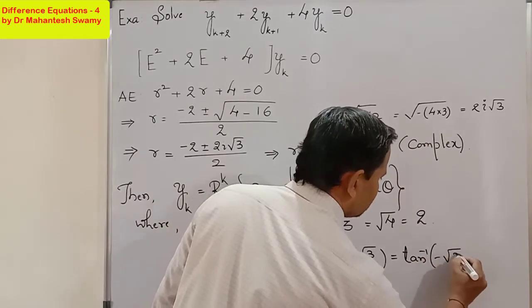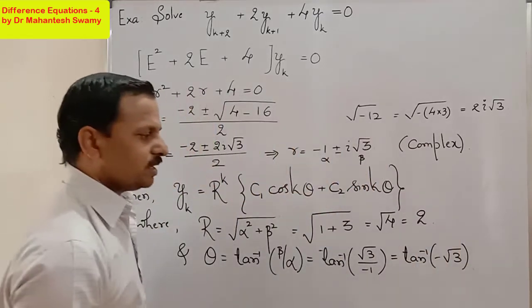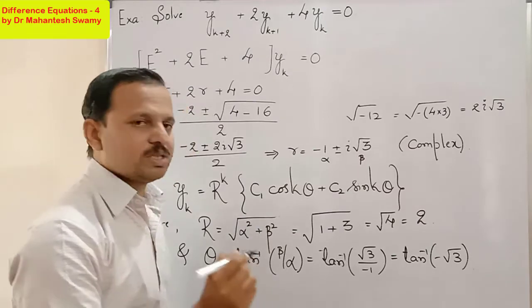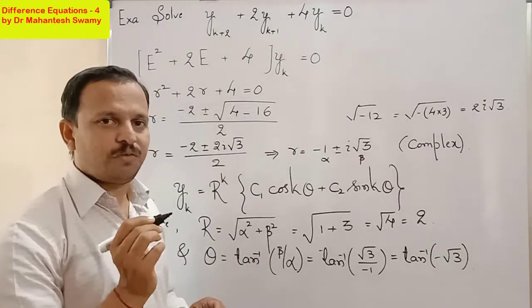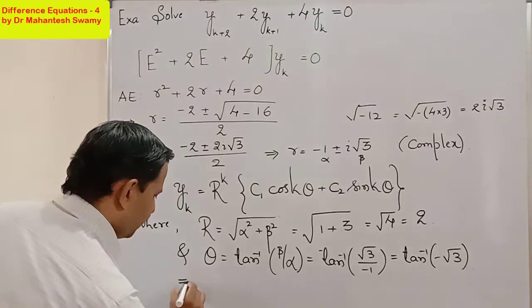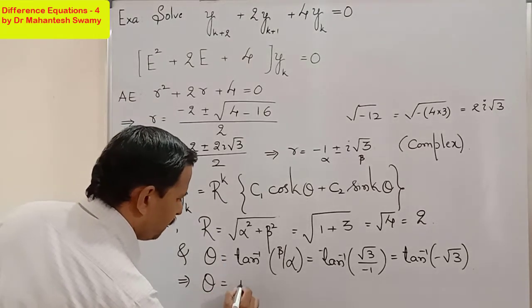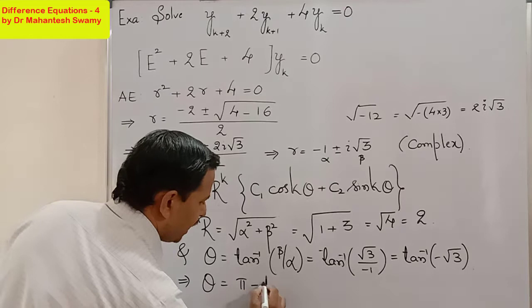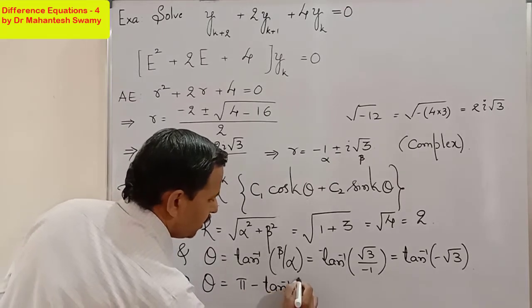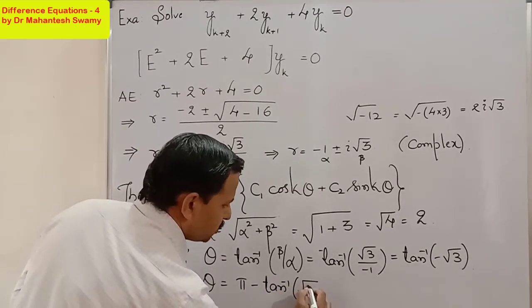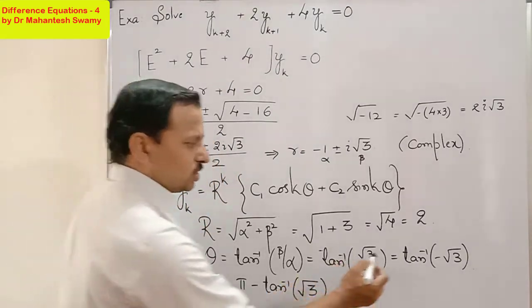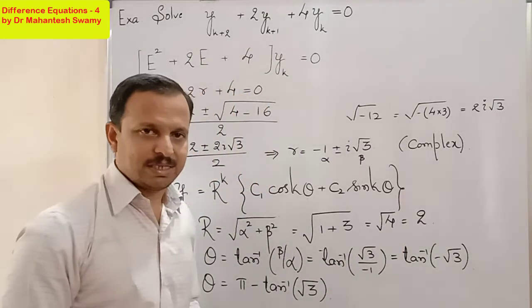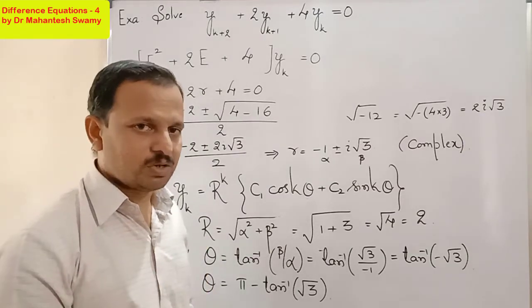minus of root 3. We know one important thing here, that tan inverse of minus x is pi minus tan inverse of x. So therefore it implies theta equals pi minus tan inverse of x, here root 3. So we have used one of the important trigonometric formulas, that is tan inverse of minus x is pi minus tan inverse of x.